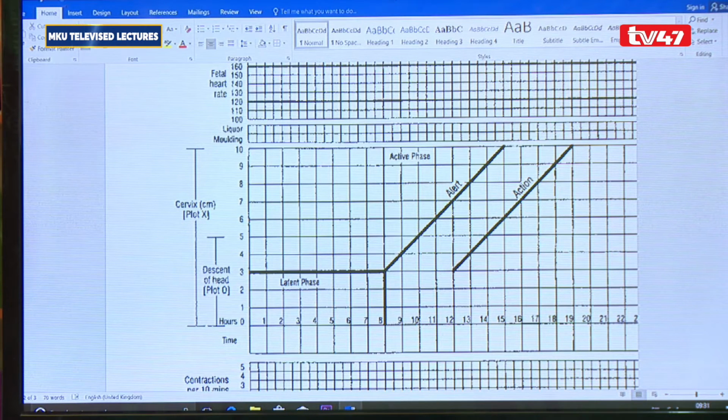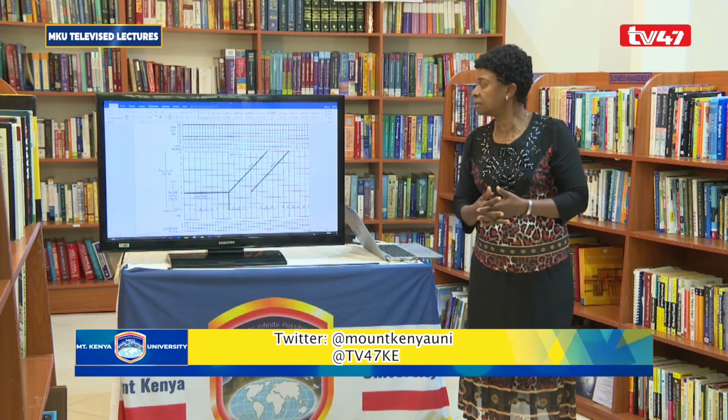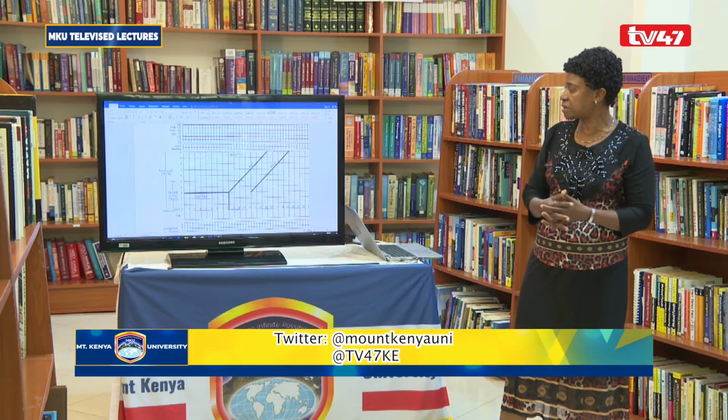This is the most favorable cephalic presentation. Of course, as we learned earlier in other classes, there are other cephalic presentations: the brow, which is the most unfavorable; the face presentation, not favorable at all; the occipital posterior positions, also not favorable.